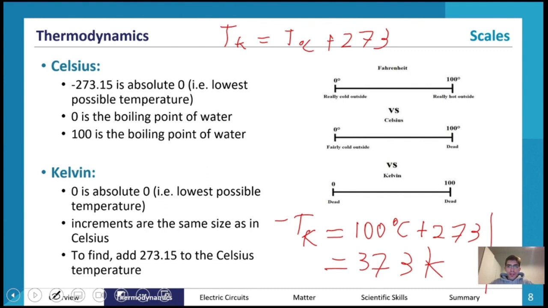That also means that the freezing point of water in Kelvin would be 0 plus 273, which would equal 273. So the freezing point of water in Kelvin is 273 Kelvin, and the boiling point of water in Kelvin is 373.